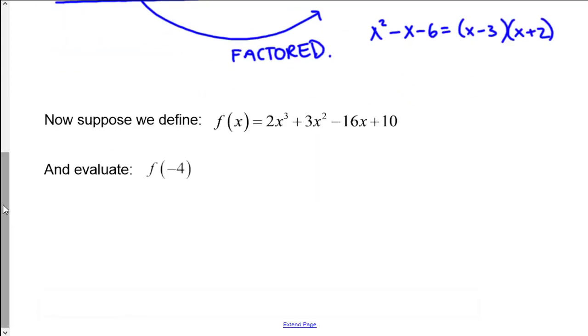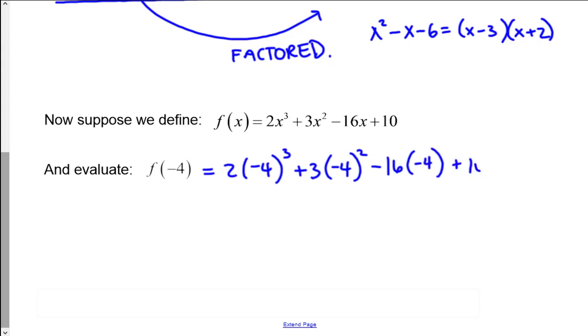So I'm going to evaluate f of negative 4. That would be 2 times negative 4 cubed plus 3 times negative 4 squared minus 16 times negative 4 plus 10.